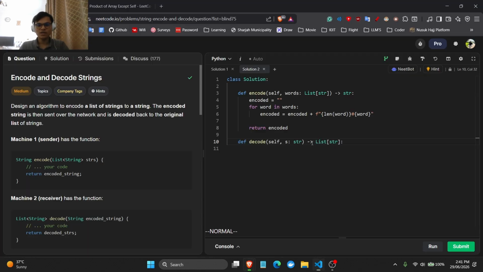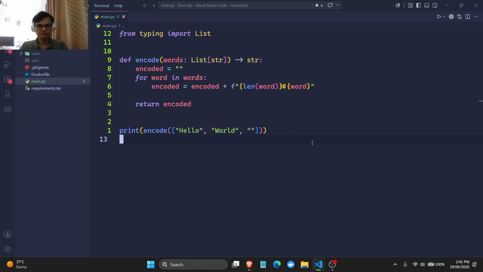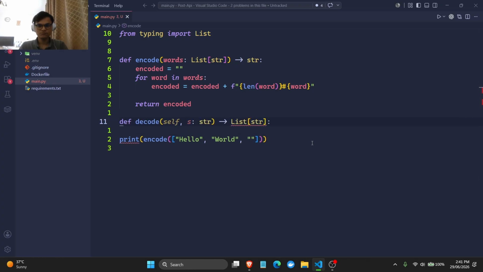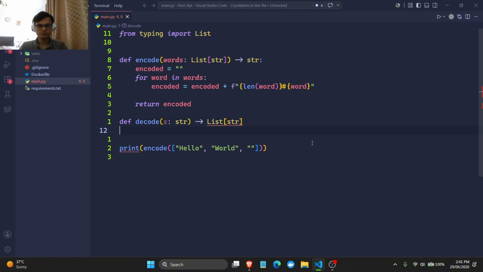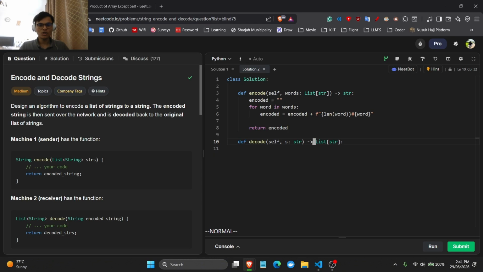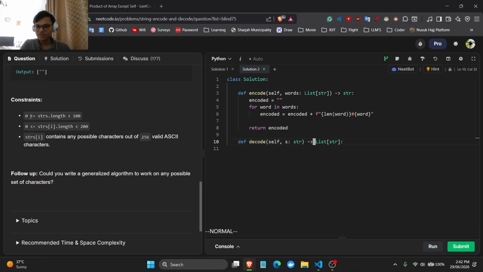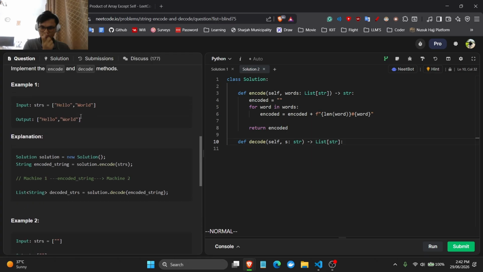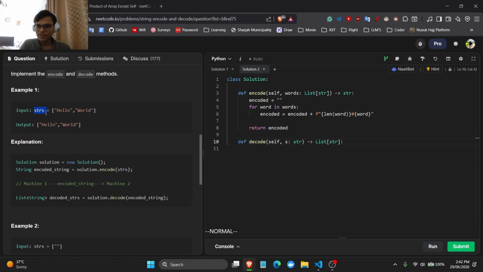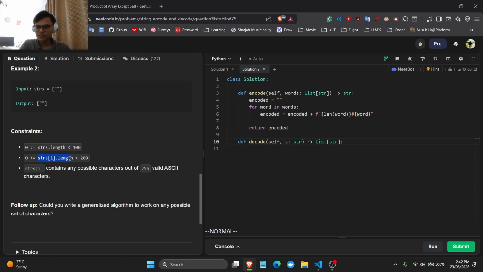Now the question is, how can we decode this? In order to decode this, the first thing is, we were told that strs length can be 0, and each string could also be empty.